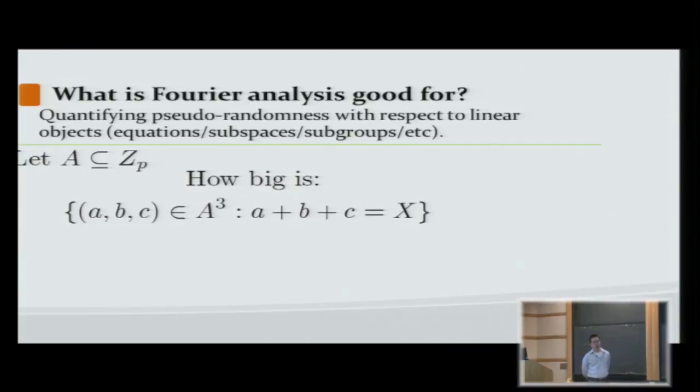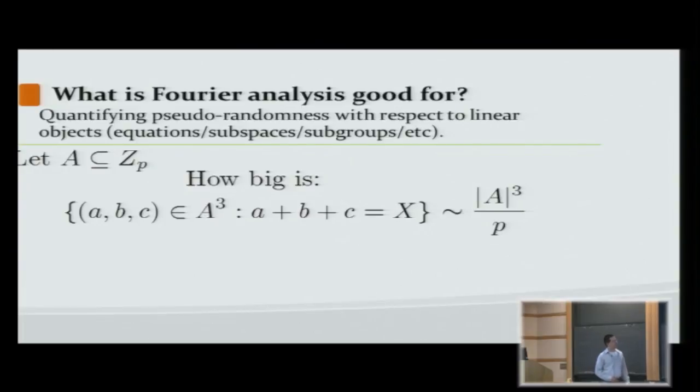Now, if A was a random set of Z_P, you can compute what this should be quite easily, and that is |A| cubed over P. Roughly speaking, you fix a and b to be anything, and then c you can think of as a random element, and this is the size that you would expect the number of solutions to be.